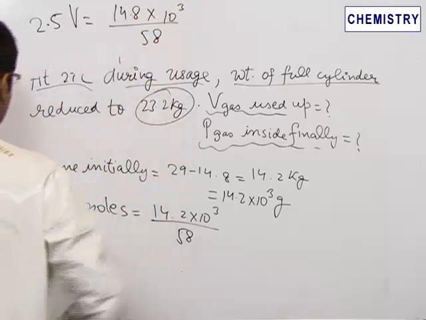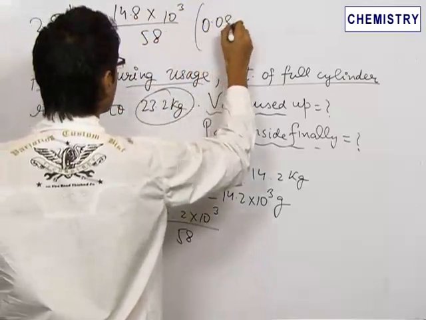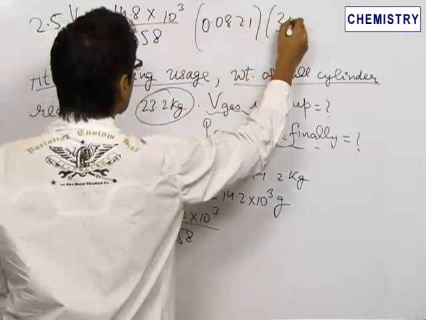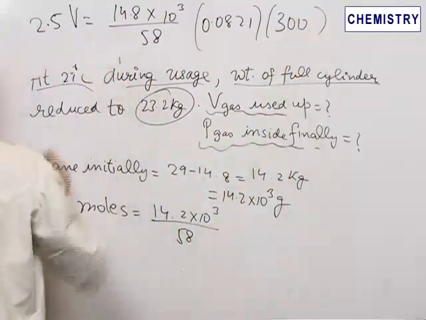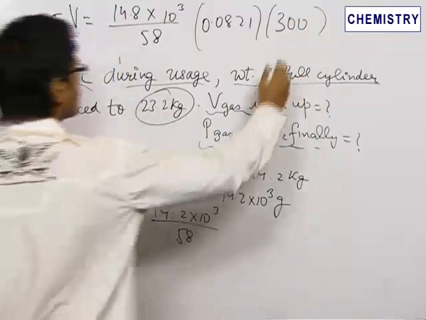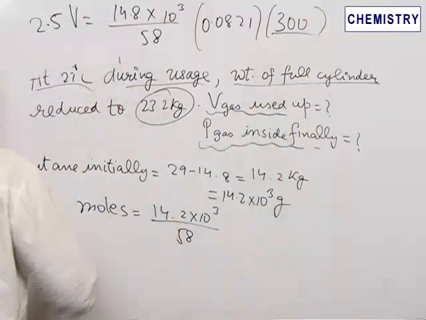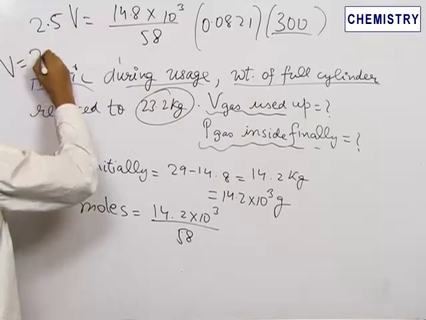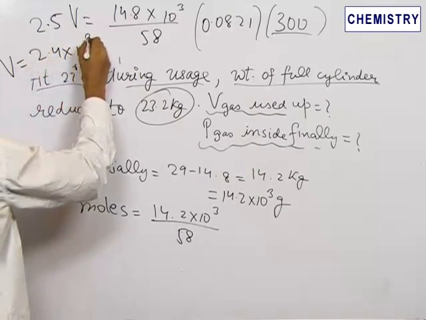This is the number of moles into gas constant, which is 0.0821 into initial temperature, which was 27 degrees centigrade. We converted into Kelvin, which is 300 Kelvin, and hence we get the initial volume or the total volume of the cylinder equals 2.4 into 10 power 3 liters.